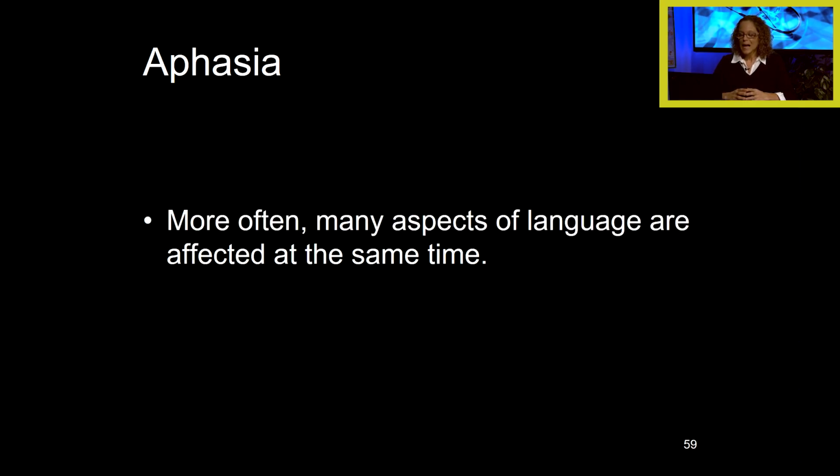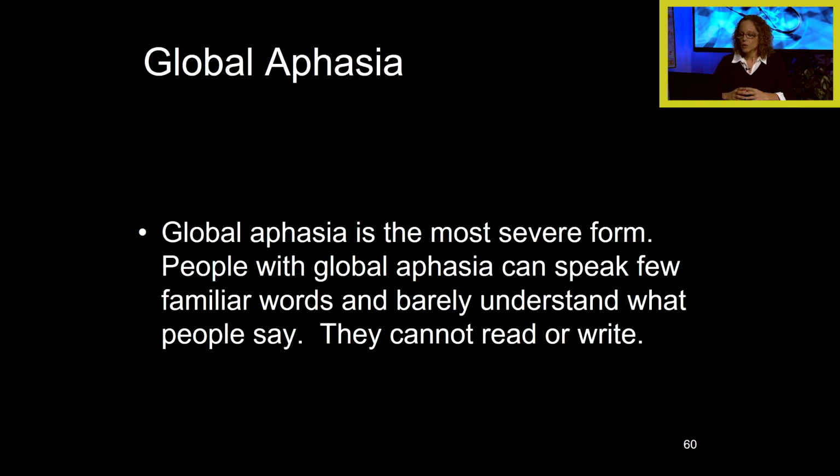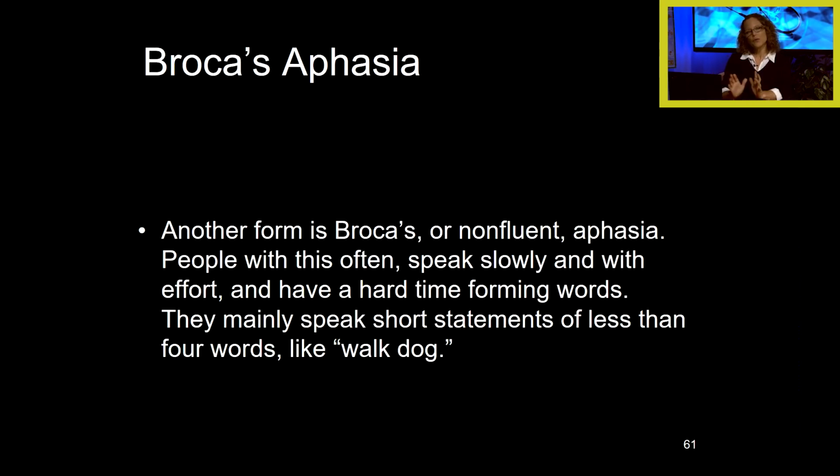More often, many aspects of language can be affected at the same time. This is called global aphasia. It's the most severe form. These folks can say few familiar words and barely understand what people are saying, and they're unable to read or write. I want to differentiate, though, between Broca's aphasia and Wernicke's.